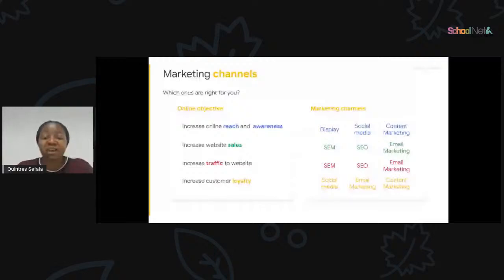Then there is social media marketing as well as content marketing. This is where we are creating content, pictures, videos, blogs that will attract customers and make customers aware of your product and services, right?